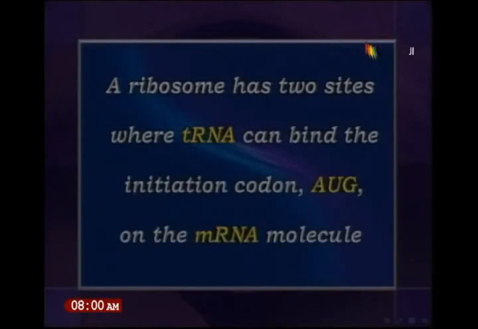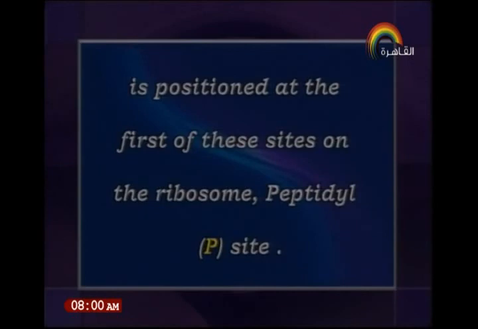We said before the ribosome has two sites where transfer RNA can bind. The initiation codon AUG on the messenger RNA molecule is positioned as the first of these sites on the ribosome, the peptidyl P site.